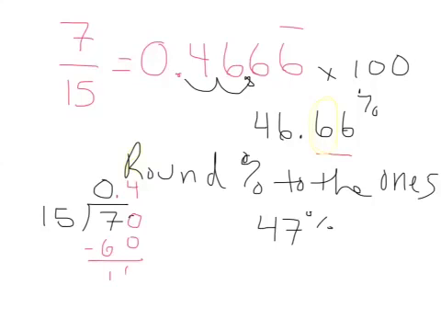Now we subtract. Can 15 go into 10? No. So again, I said no, so I'm going to put a 0. And I'm going to bring it down. Can 15 go into 100? Yes, it can. 6 times. 6 times 15 is 90. I'm going to subtract it.